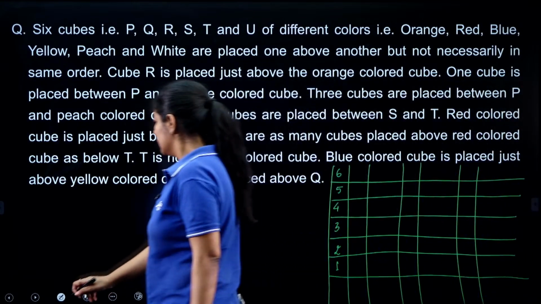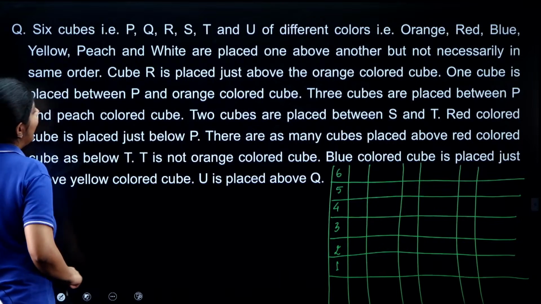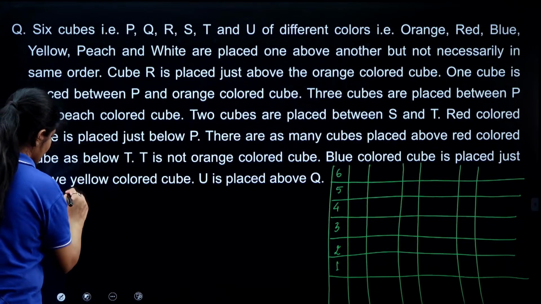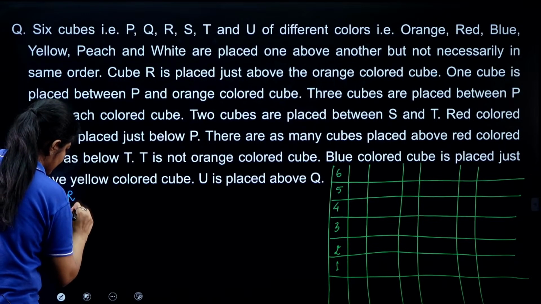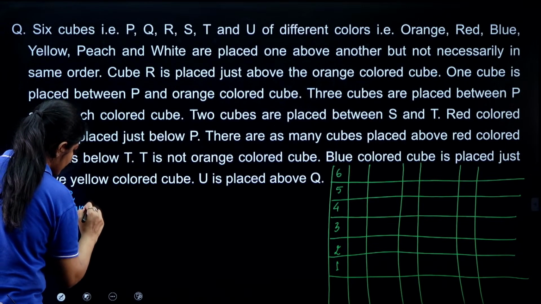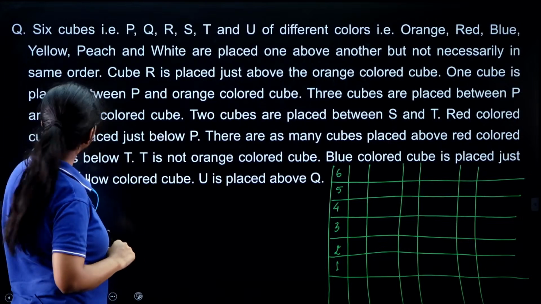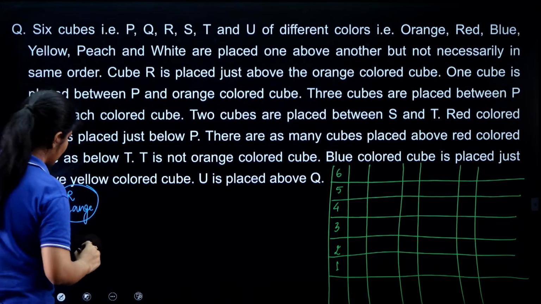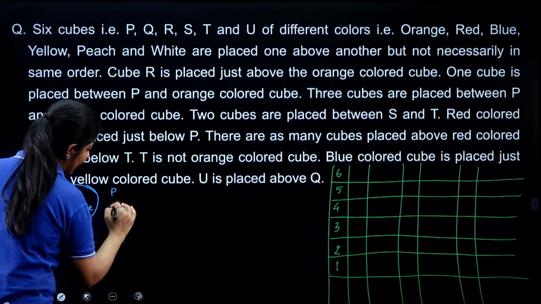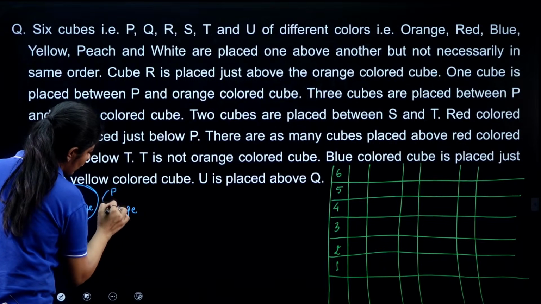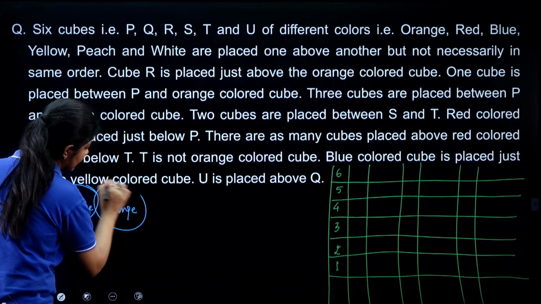Okay, let's start discussing. The question says that R is placed just above the orange one. Okay, this is my first clue. Second, one cube is placed between P and orange. There is one cube, but we don't know the position, so we will make it like this, right?